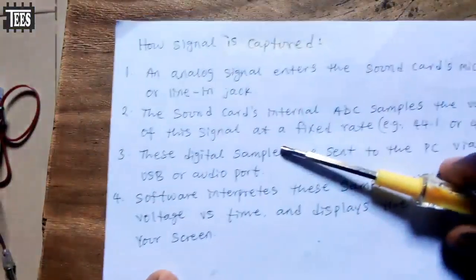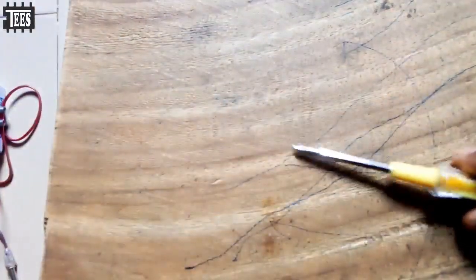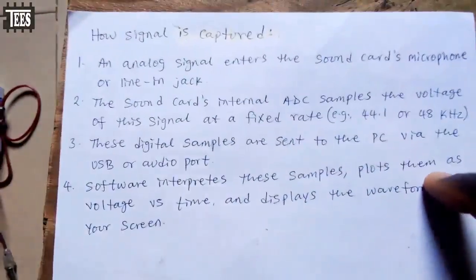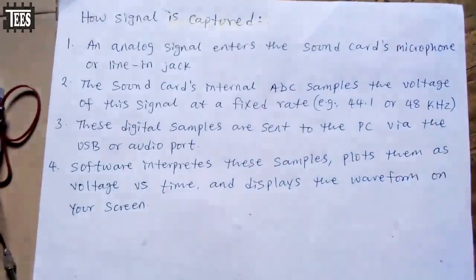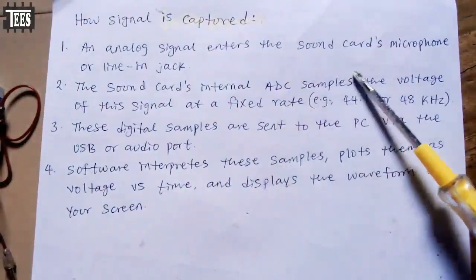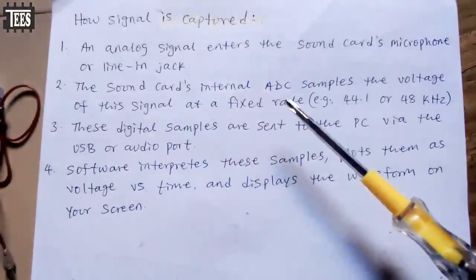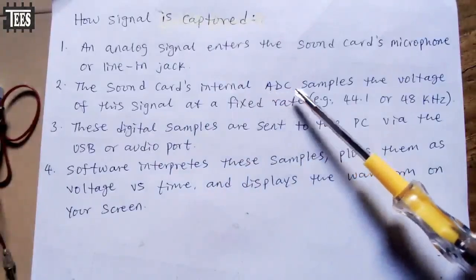So let's see how the signal is captured. This is how the signal is captured. Number one, an analog signal enters the sound card's microphone or line-in jack. The sound card's internal ADC, that's the analog to digital converter.